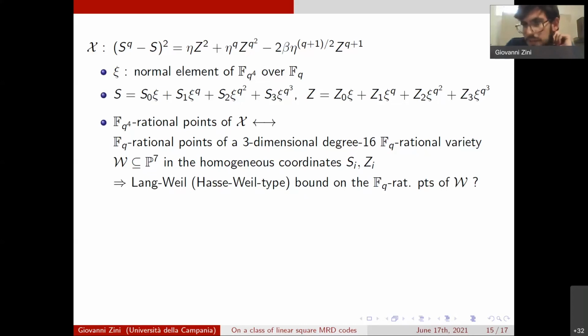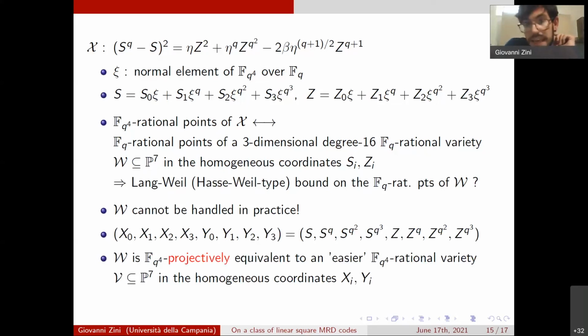Well, actually, this turns out not to be true, and this procedure cannot be handled in practice because of the equations of W. So we give new variables, which are the consecutive Q powers of S and Z. And starting from the equation of X, we obtain an explicit and easier to handle algebraic variety V in the homogeneous coordinates Xi and Yi, which is over Fq^4 projectively equivalent to W. Projective, and not just birational, equivalence means that also the degree of an absolutely irreducible component is preserved.